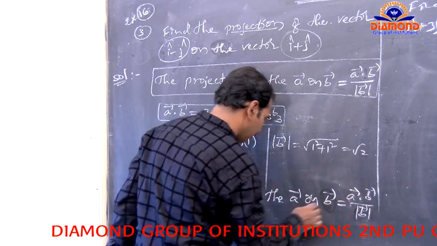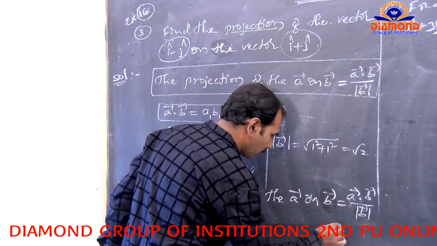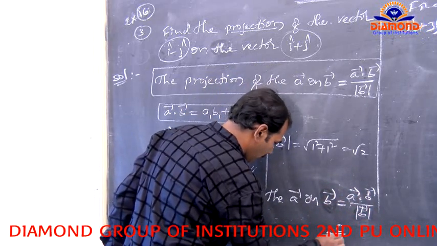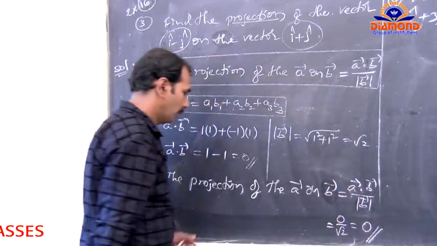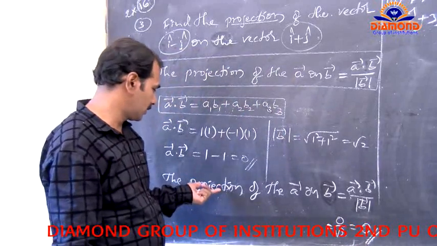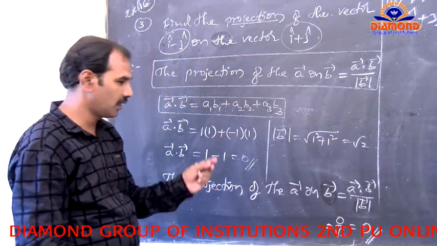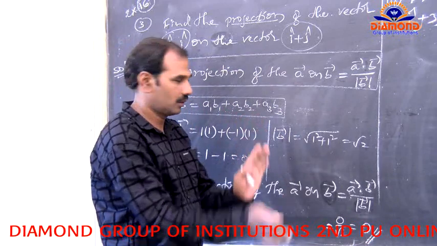This is the formula. So it is equal to 0 divided by root 2, which is 0. So both are perpendicular. There is no projection. A is perpendicular to b.